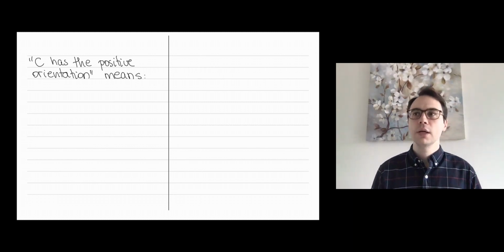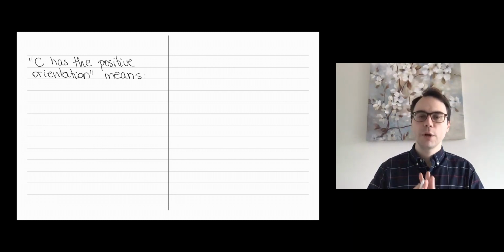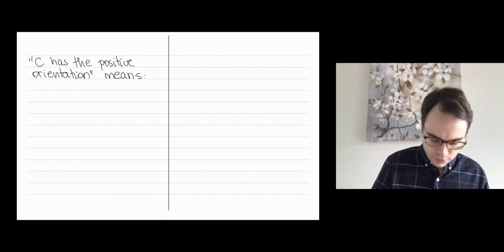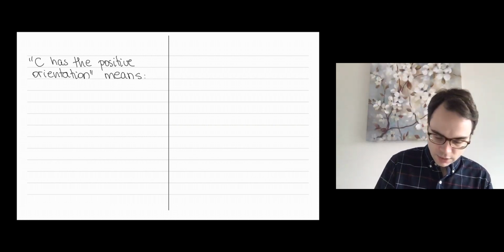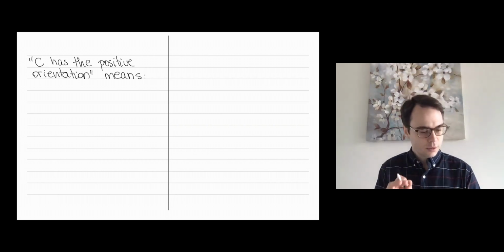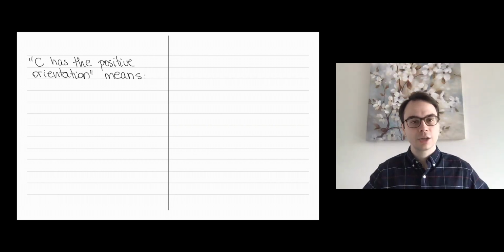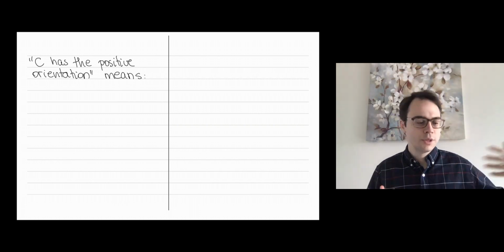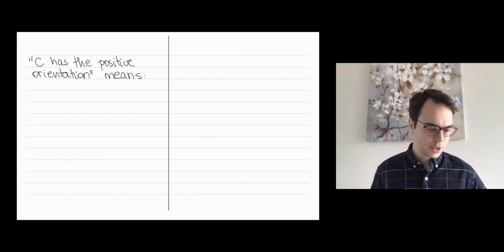Now I'm going to give you the fail-proof criterion. Let me give you the actual definition, which boils down to being counterclockwise most of the time.